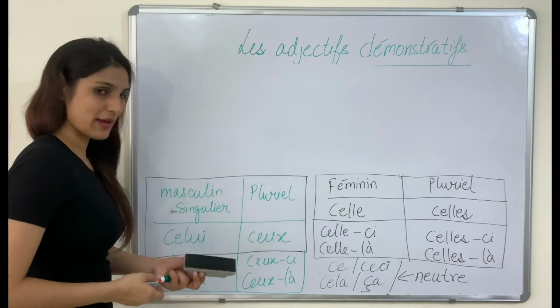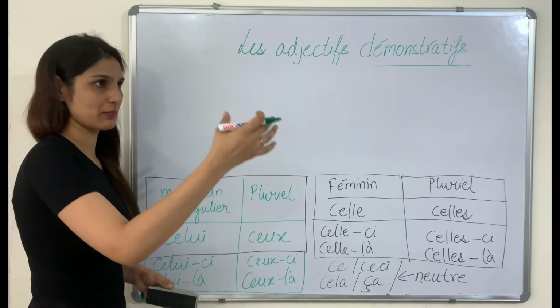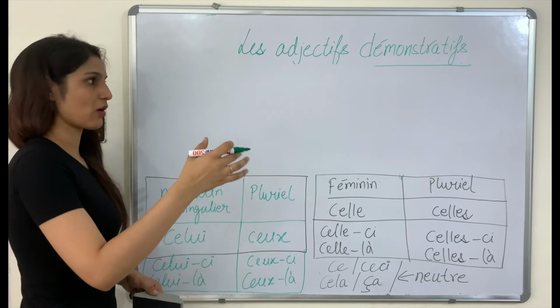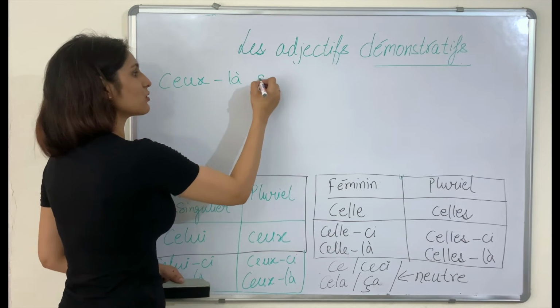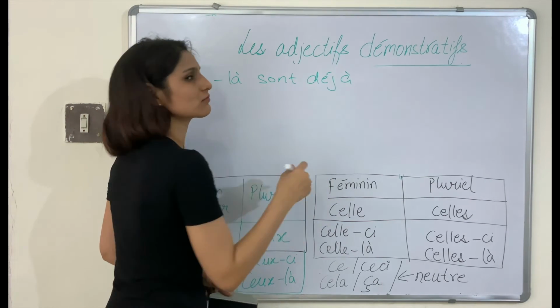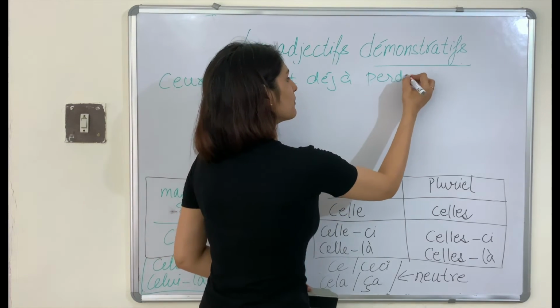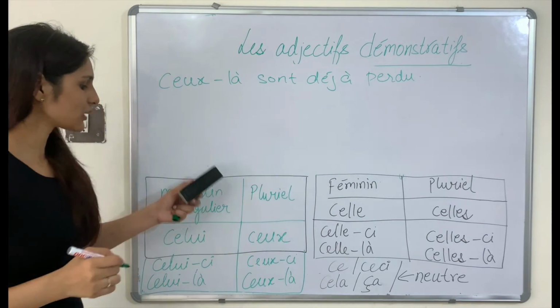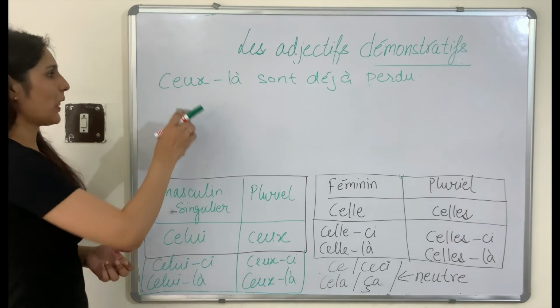No. For pens, which are actually masculine and they are object, and I'm talking about a place, and I'm also talking about an object. Ceux-là sont déjà perdus. Have you got those pens? No, they're already lost. Sont déjà perdus. So this is how you use these ones.